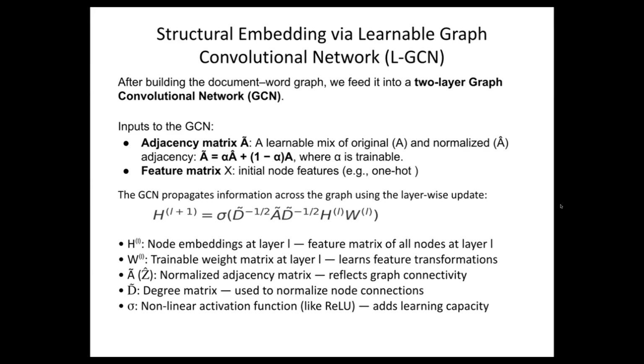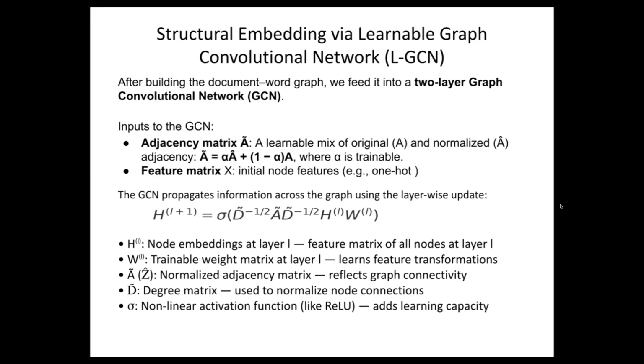The GCN has two main inputs. First is the adjacency matrix, which encodes the edges between nodes. This includes PMI-based word connections and TF-IDF-based document-word links. Second is the feature matrix, where we initialize each node in the graph using a one-hot encoding, essentially giving each node a unique identity at the start.